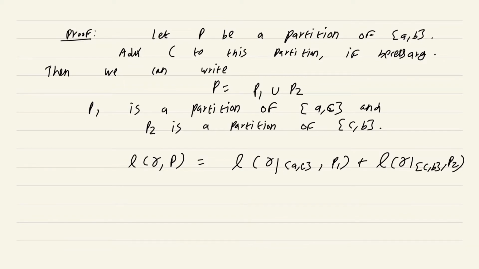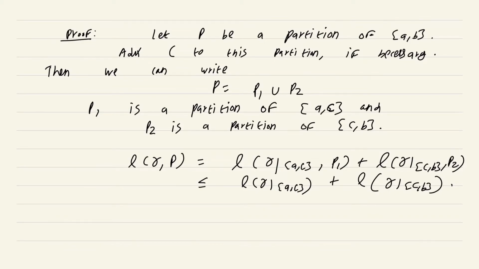So what this shows is that you can immediately write this is less than or equal to the length of gamma restricted to [A, C] plus the length of gamma restricted to [C, B]. I'm just using the fact that the length of gamma restricted to [A, C] is the supremum over all partitions.